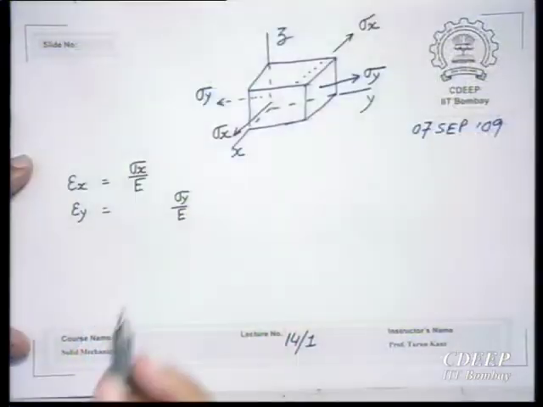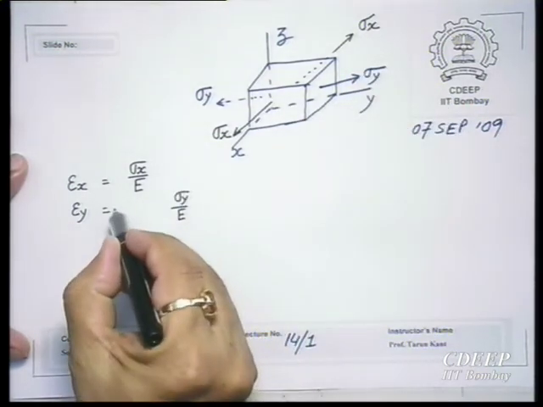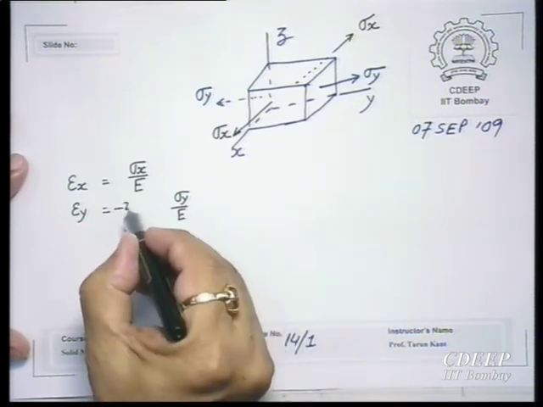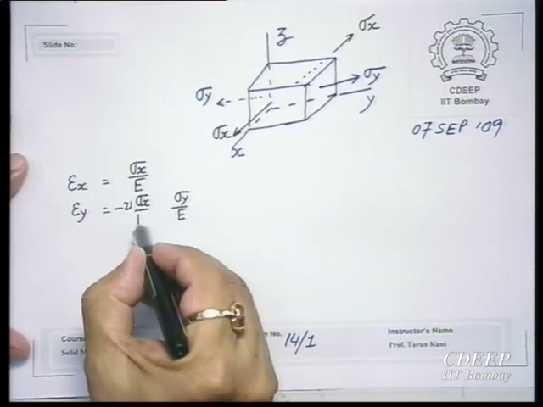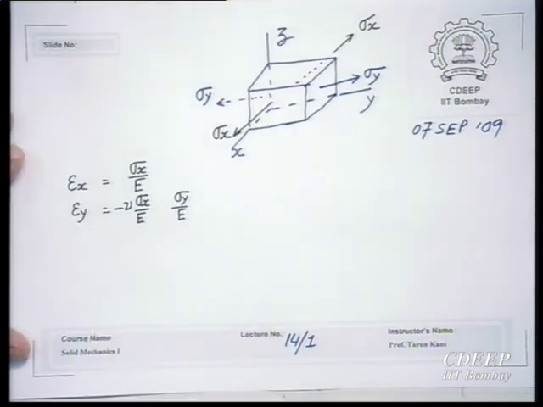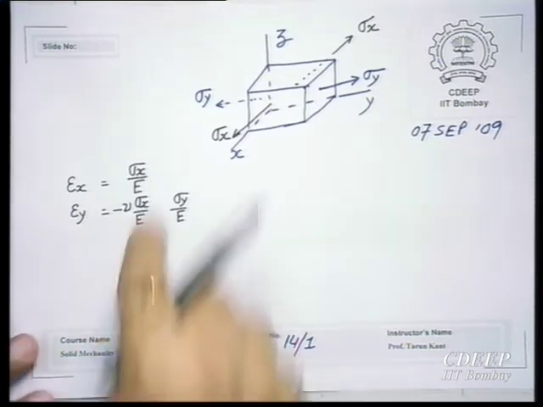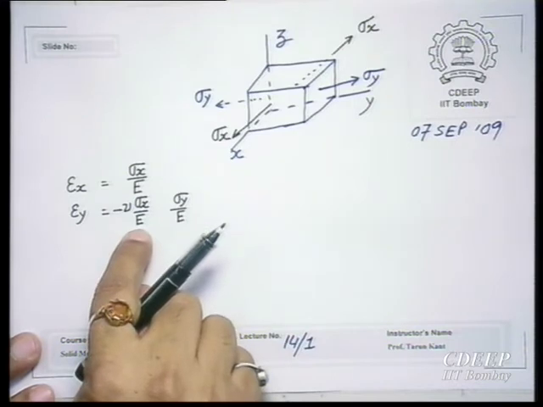So, for example, the first one, when you apply the sigma x, then it must have produced also a negative strain in y direction. Because of application of sigma x, there will be a negative strain in y direction.